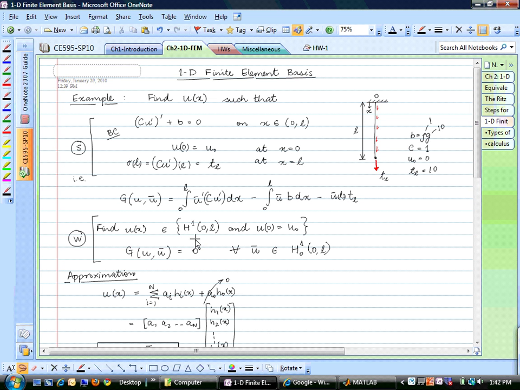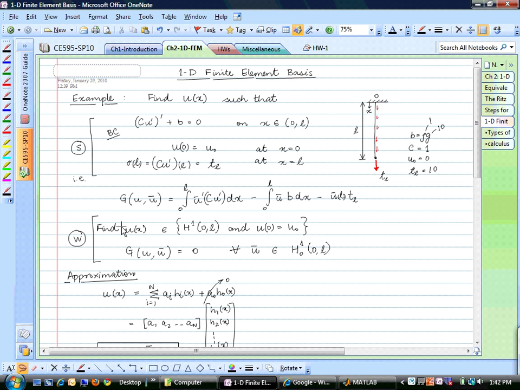What is that H1 space? 1 means the first derivative, and H means square integrable. So the first derivative has to be square integrable. And not only that, it has to satisfy the essential boundary condition that displacement at 0 has to be equal to 0.